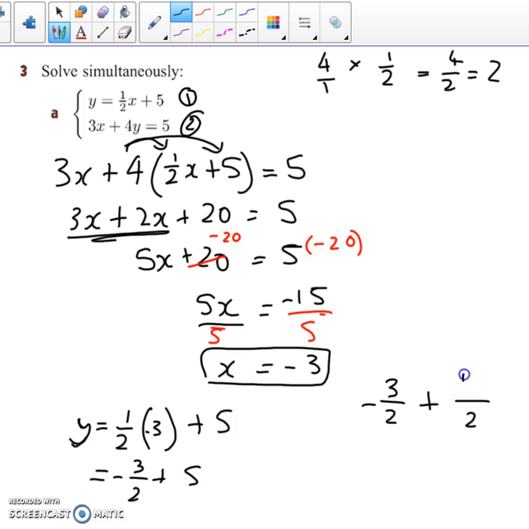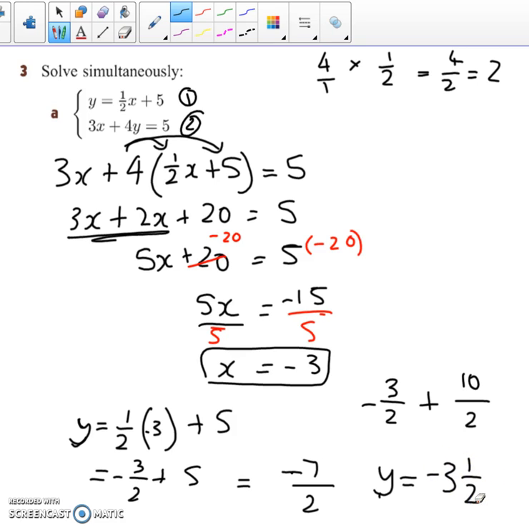So 5 is 10. So you've got negative 3 plus 10, which will give us 7 over 2, which is actually y. So 7 over 2 is 3 lots of 2 and 1 left over.